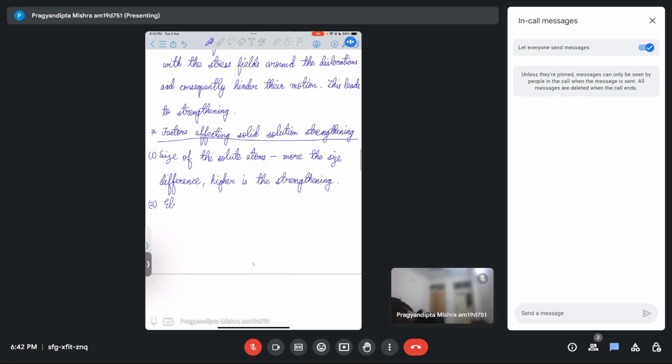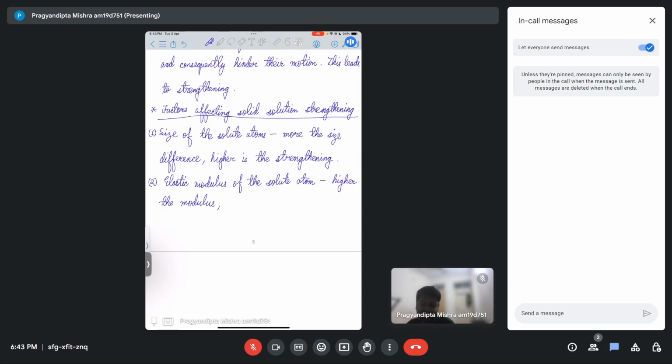So the elastic modulus of the solute atom: the higher the modulus, the higher the strengthening.